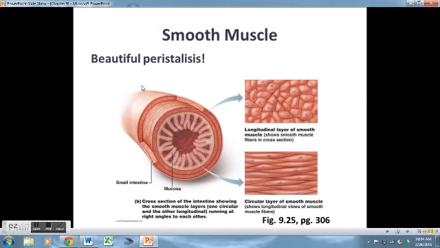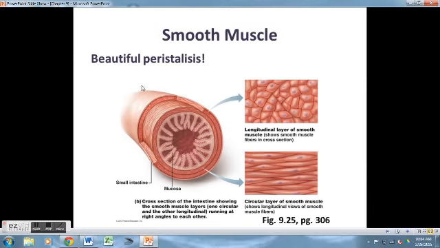And the way they do that is when the circular layer of smooth muscle contracts, it's going to make the intestine smaller in diameter, right? It's going to kind of squeeze and make it smaller in diameter. When the longitudinal muscle contracts, it's going to make the opening or the lumen of the intestine bigger in diameter.